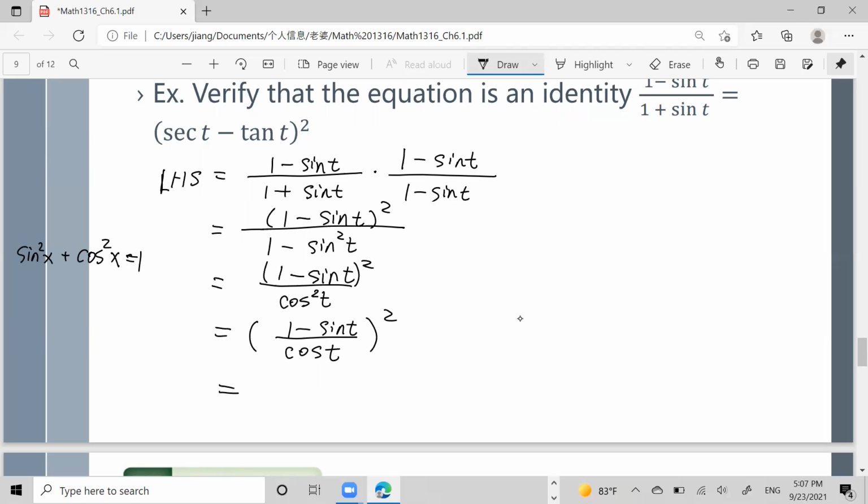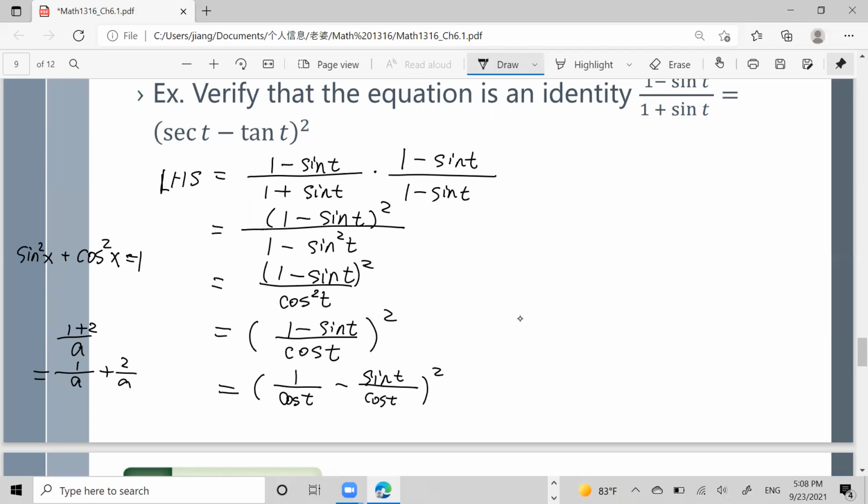This one equals, so I can split it into two parts, because if I have 1 plus 2 over 8, that equals 1 over 8 plus 2 over 8, right? I can split it into two parts. So 1 over cosine t minus sine t over cosine t, squared.